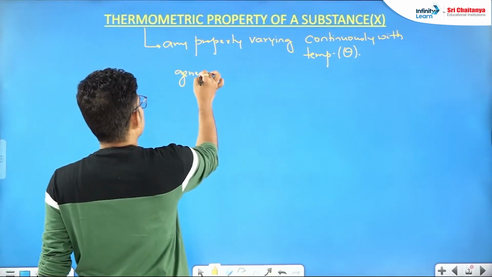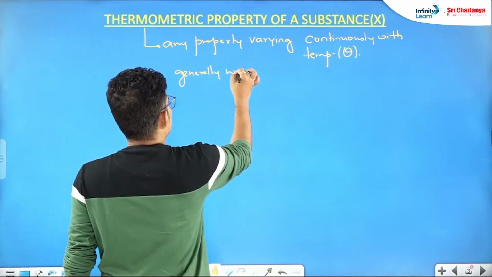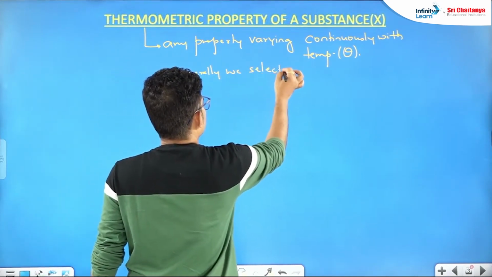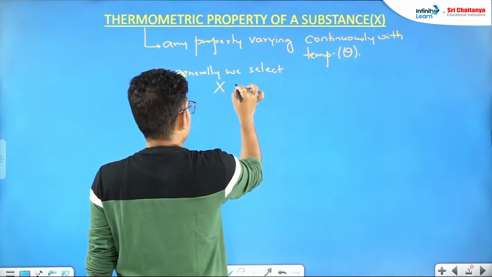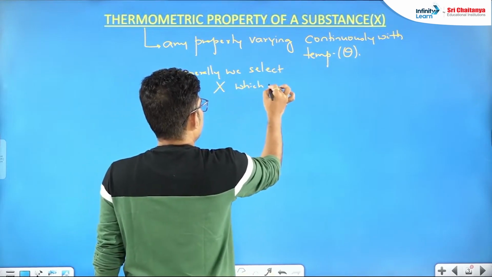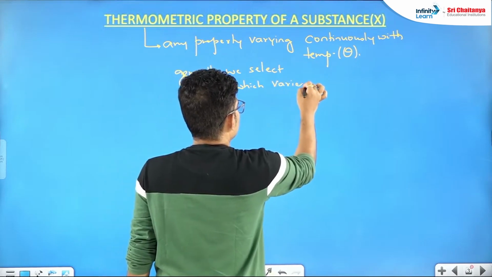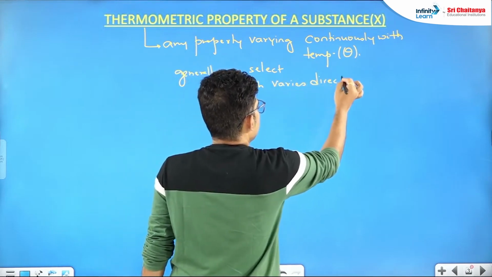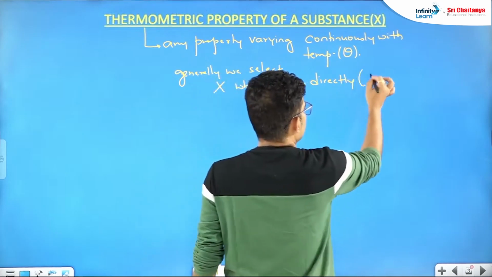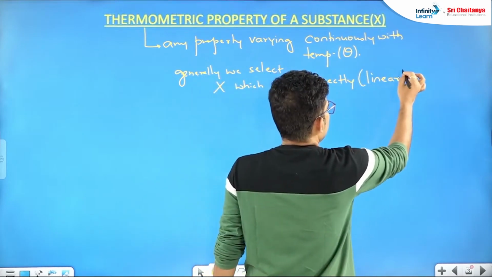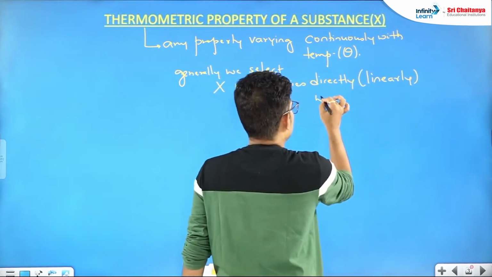Generally, we select X which varies directly, and the word directly here means linearly, with temperature.